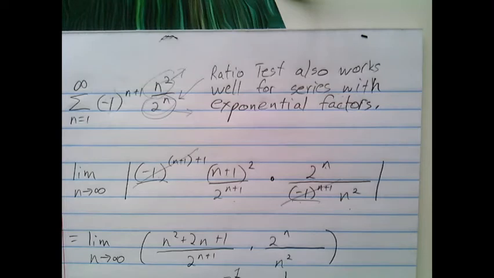Now, there is a case where the ratio test doesn't work particularly well at all. Okay, let's look at an example like that. Let's do this one. This was part of my list on page 1 of the outline.